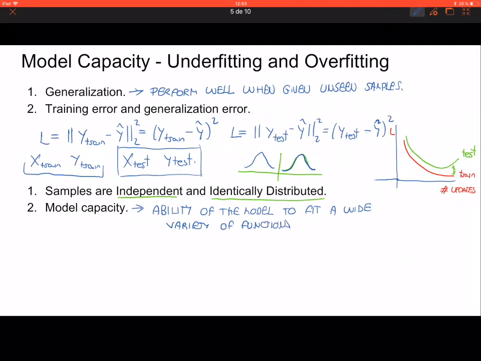So we want our model to be able to fit the kind of functions that we're trying to model. And what we see in practice is that, for instance, we could have a data cloud, a set of data points that looks like this, maybe.